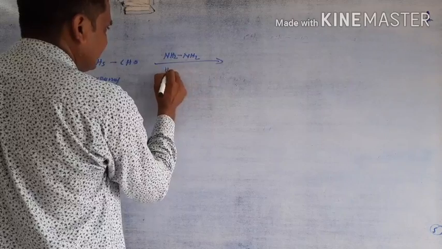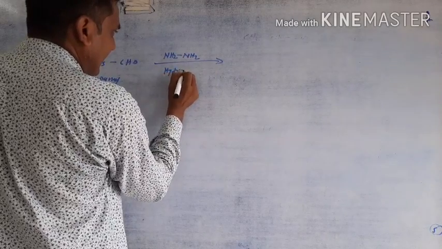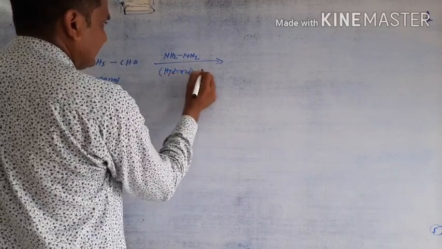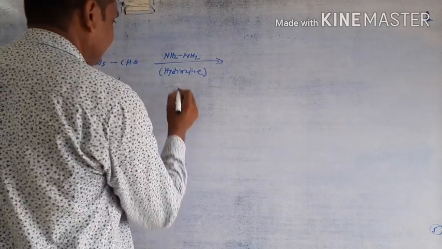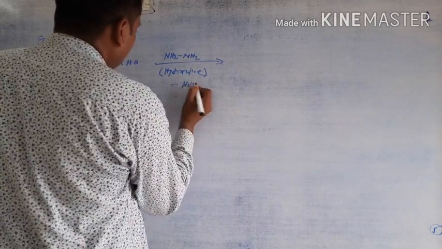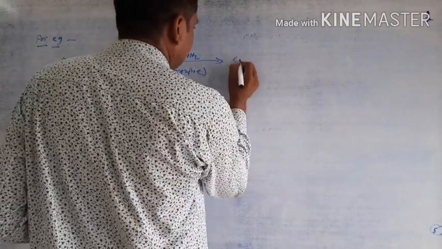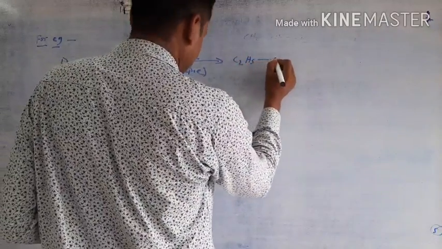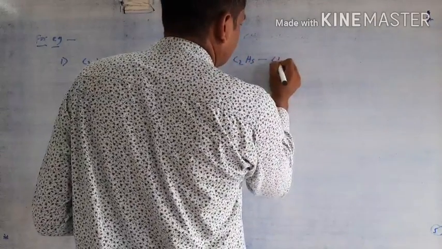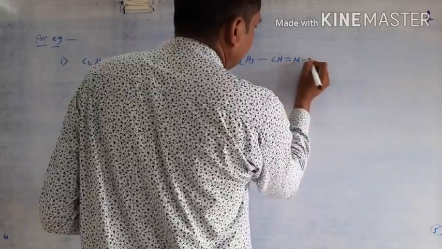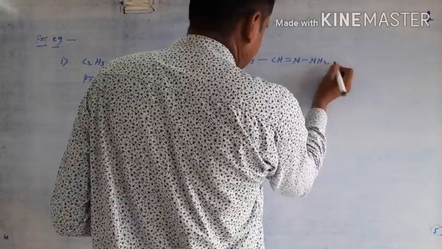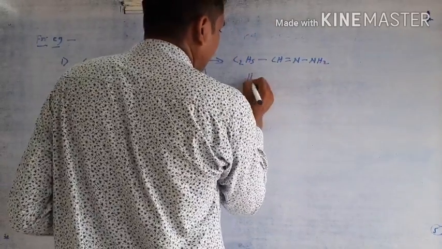This one is the hydrazine. This molecule is called as a hydrazine. There will be a water molecule removed here, then gives C2H5CH=N-NH2. This one is called as a hydrazone.